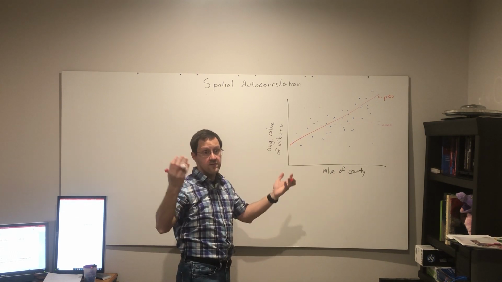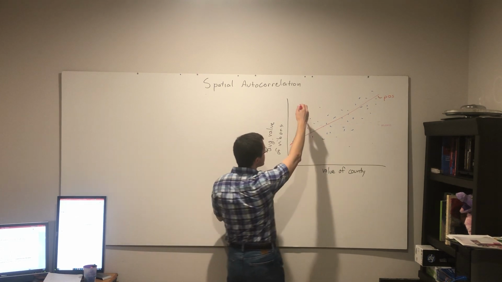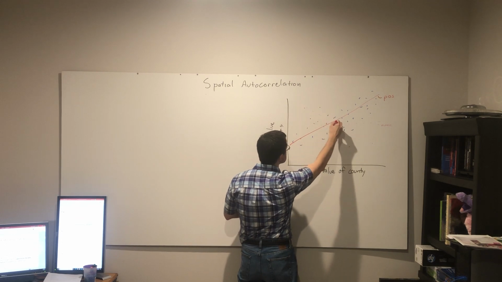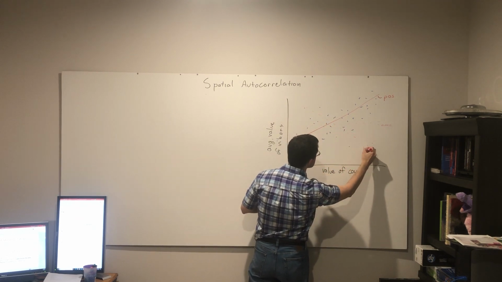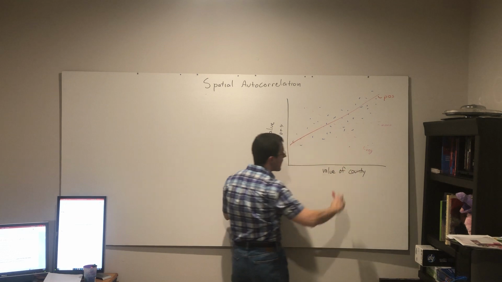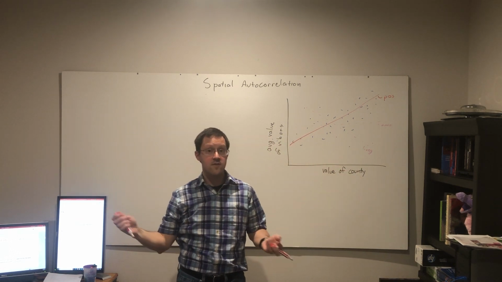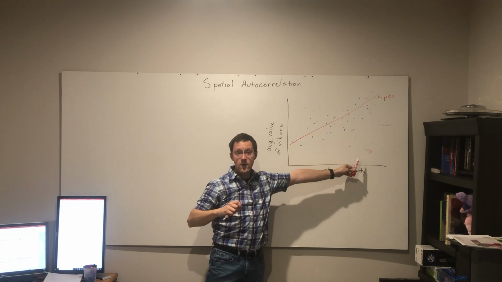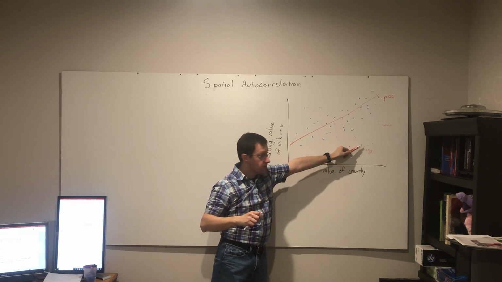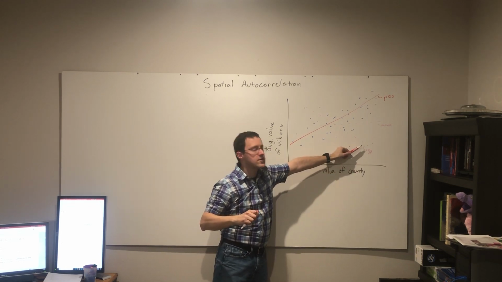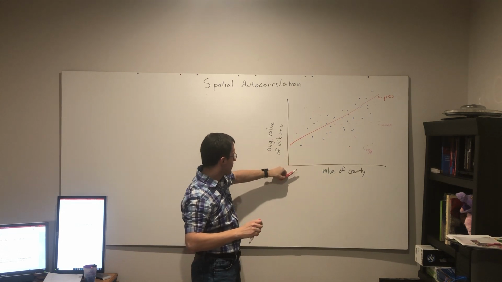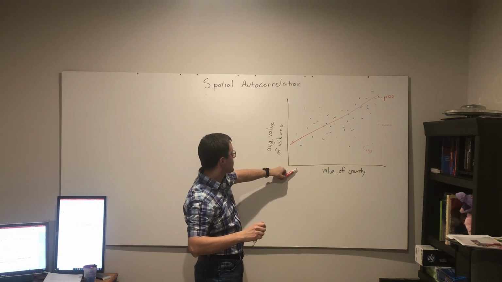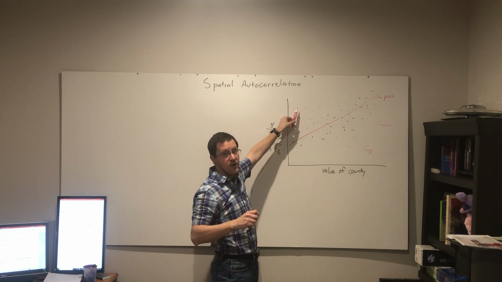There would be no relationship. If it points down, that would suggest a negative relationship, negative autocorrelation, where if the value at a county is high, the neighbors have low values. And if the value at a county or an observation is low, its neighbors have high values.